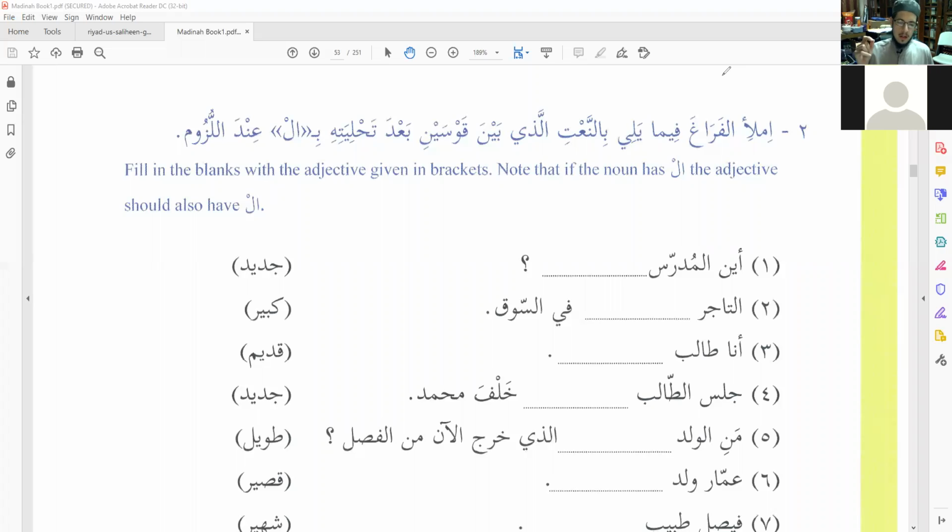Recall at the very first examples that we had, all of the sifah mawsoof pairs were in the khabar, right? And so every one of them was nakira, such as talibun mujtahidun. It would agree in the four things it had to agree in. In that particular case, it was nakira, indefinite, because it was part of the khabar.